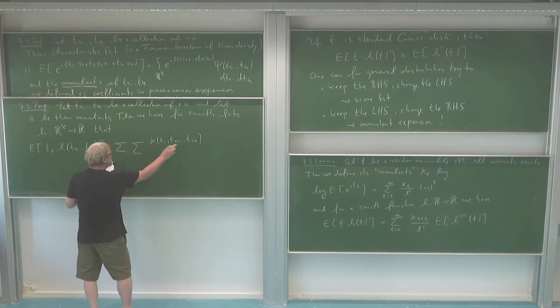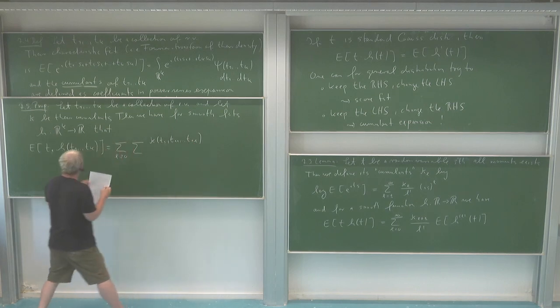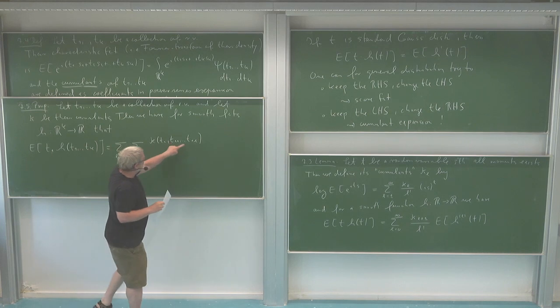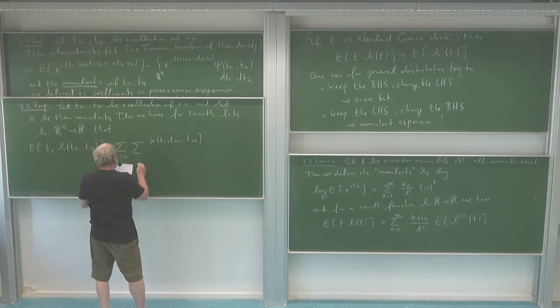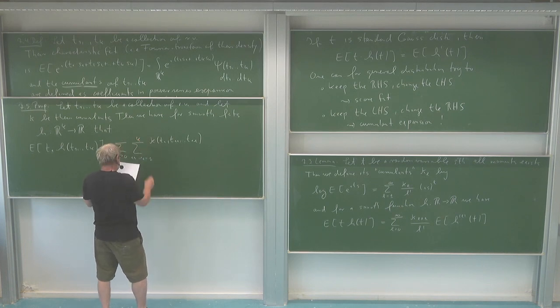Okay, and I'm summing here over all L, starting from 1 and over all possibilities of the i1 up to iL. The i is fixed. The i is the one corresponding to the variable I have here. But here I have the freedom of summing over all of them. So i1 up to iL, they are all running from 1 up to k.